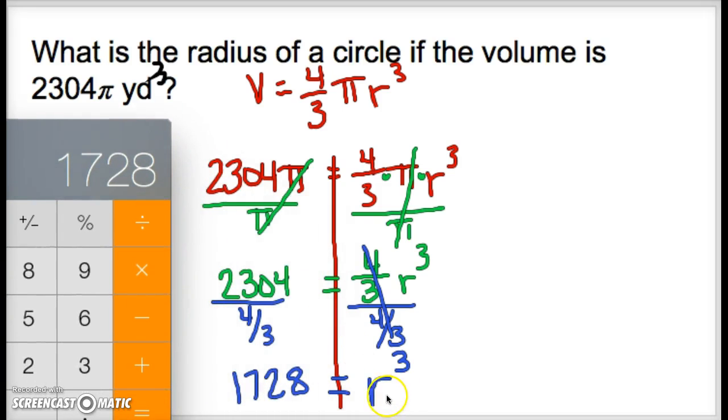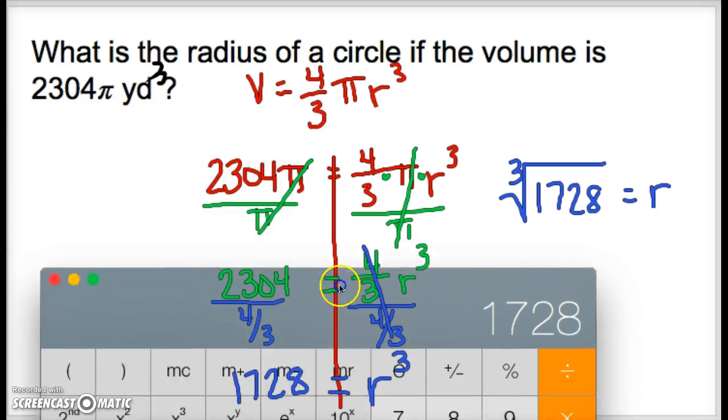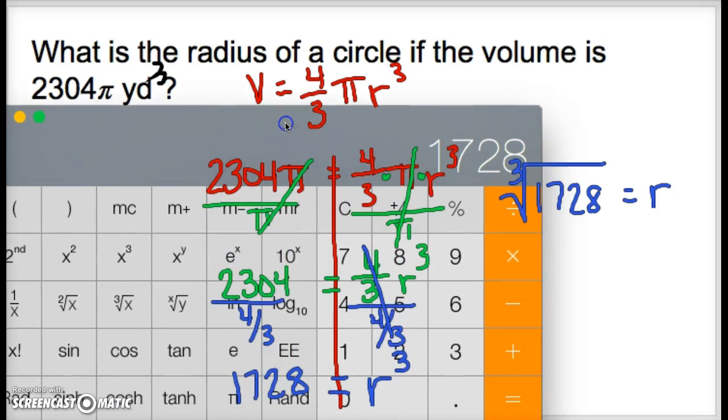Now, that's what the radius cubed is. So remember, I just want to know the radius. So to get rid of the cube, I need to take the cube root of 1,728, and that's going to give me the length of my radius. Now, on these calculators on your computer, you have a cube root button right here.